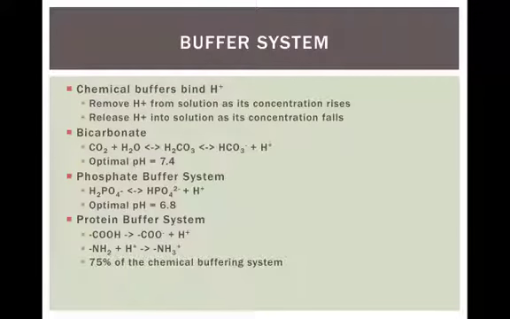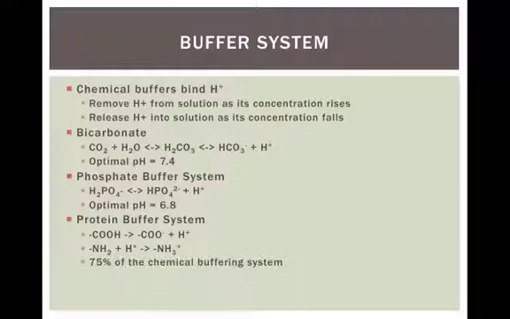The buffer system is going to basically take care of that hydrogen ion. If the hydrogen ion concentration is rising, it's going to remove it, or if it's falling, it's going to release it. Bicarbonate is one way that we do that. We've got that equation that you see there. It can go to the right, it can shift to the left depending on what the body needs. So you've got carbon dioxide plus water.